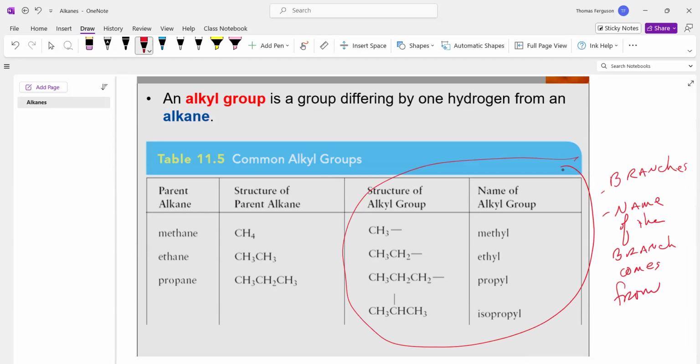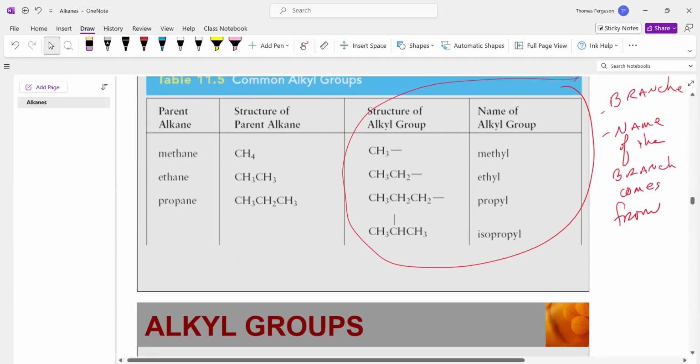Now, you need to know these. A branch cannot have more carbons than the backbone.